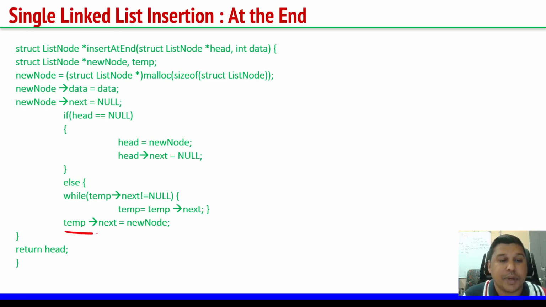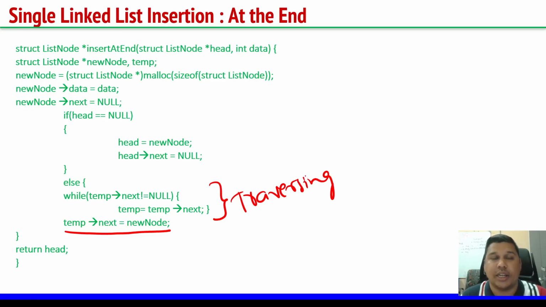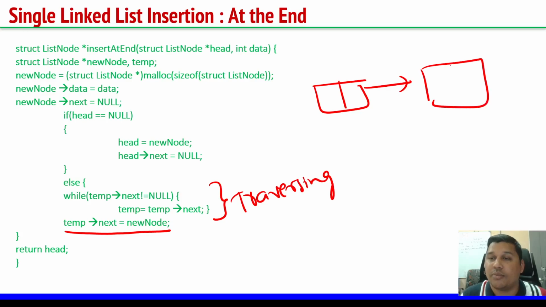So these two lines are for traversing the entire list and reaching the end point or the last node of the list. Then we have temp next equal to new node. This command is linking the last node with the new node, which is already null here. That's it. So this is the code to insert an element at the end.